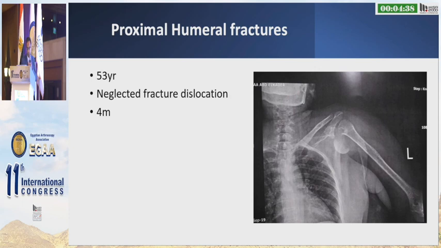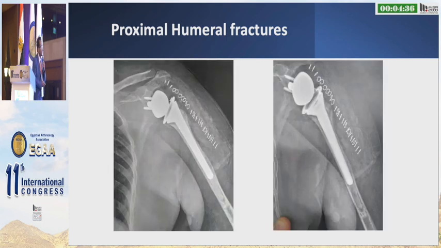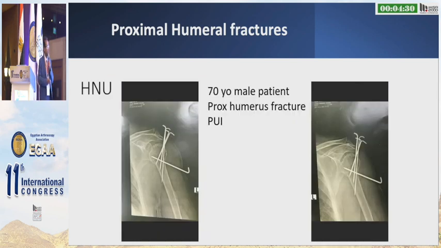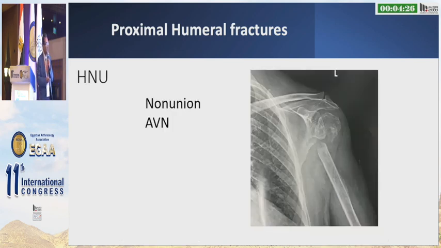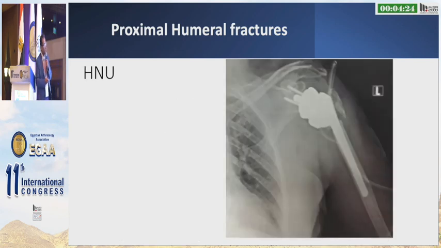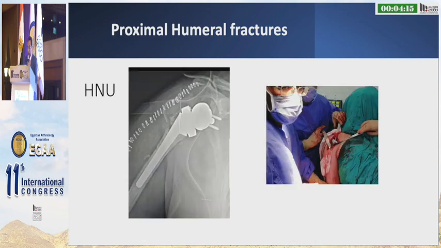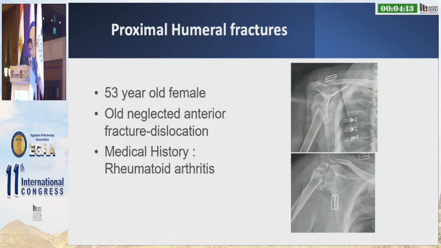As we will see, this is a case of neglected fracture dislocation. We used a reverse shoulder arthroplasty with a good result for the patient. This is another case treated with percutaneous wires that ended with non-union, so I implanted a reverse shoulder replacement. Another case treated with plates and screws ended with non-union and AVN and was treated adequately with reverse shoulder replacement.